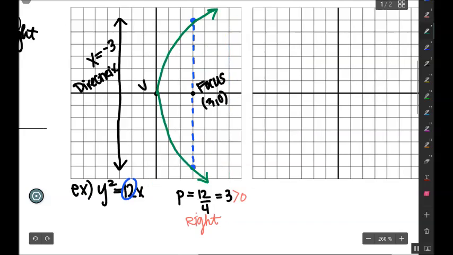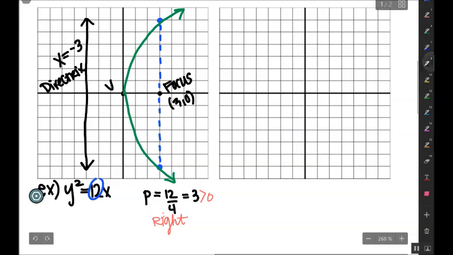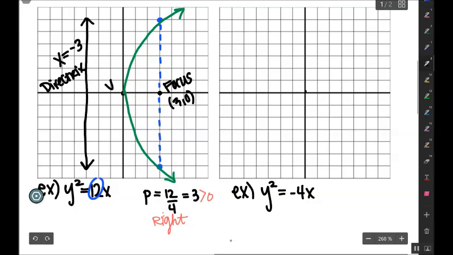Here we go. So let's do one now that opens to the left. So we're going to have y squared is equal to, and we need a negative, so how about -4x? So h and k are 0, 0, and p would be -1. So we're going to open to the left, and our focus is going to be 1 unit to the left, and our directrix is going to be 1 unit to the right on the outside.